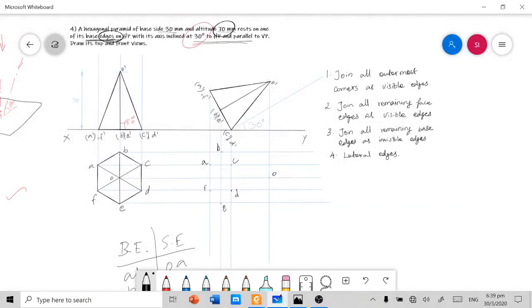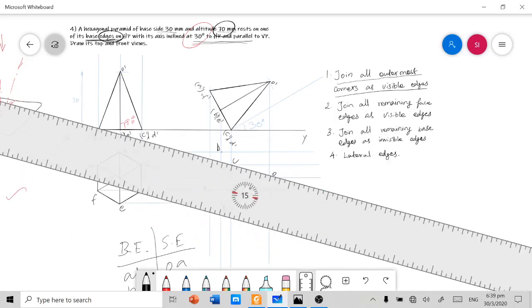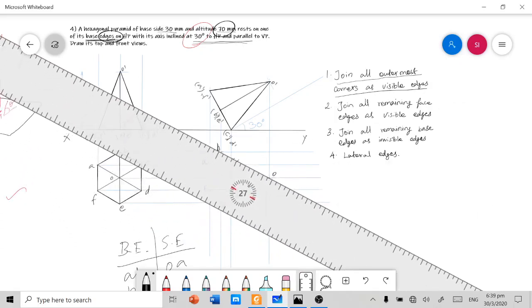Now, first you have to join all outermost corners as visible edges. Let me connect all the outermost edges as visible edges now.